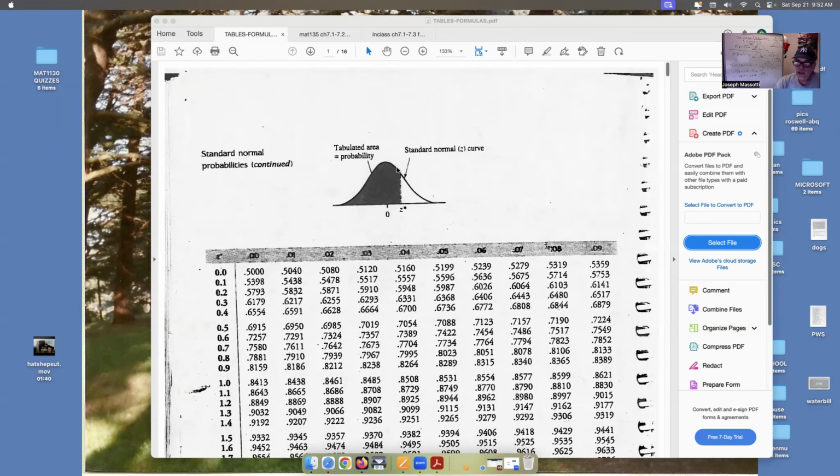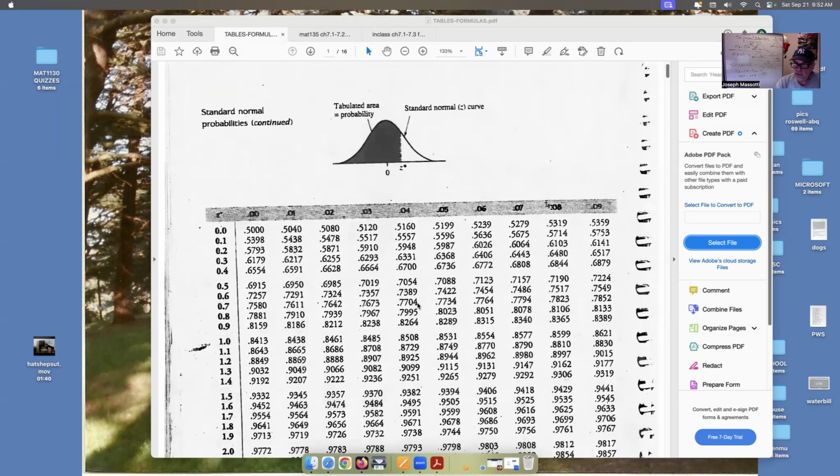And notice again how this table is set up. The numbers inside the body of the table are the probabilities. When you find the probability for a z-value, it's giving you the probability below that z-value, the shaded region. So these values in the table give you the probability that the outcome is less than any particular z that you're looking at.